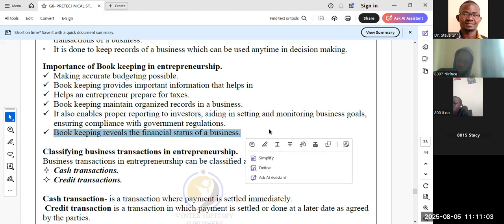If you are making a profit or a loss, this will be very evident from the records you will be keeping in your books. Bookkeeping reveals the financial status of a business. We are using a retail shop.